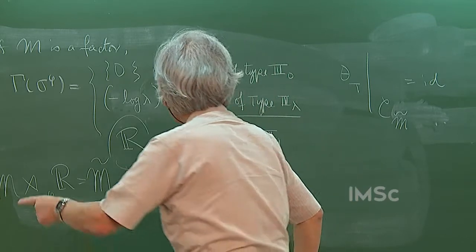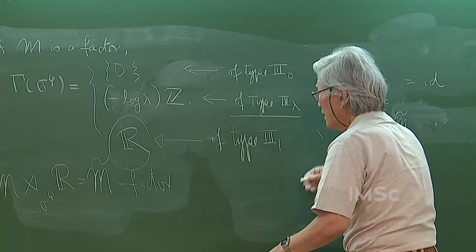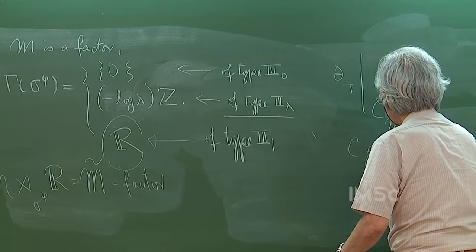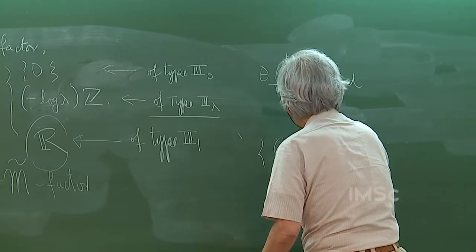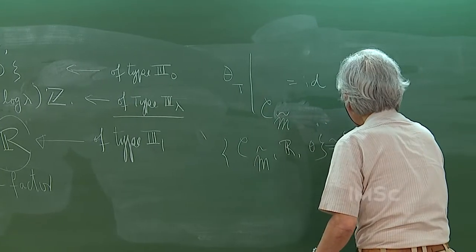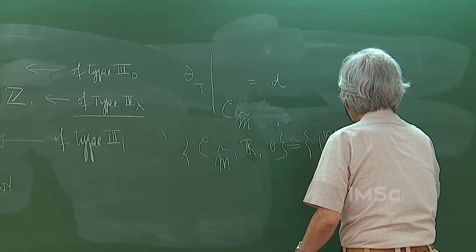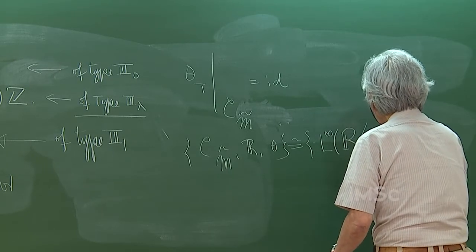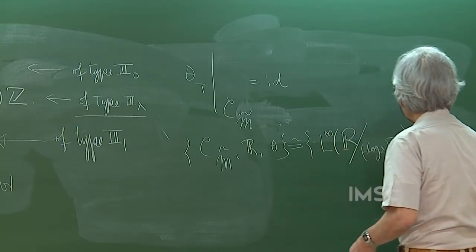So that means in this case, the center C of M tilde, R theta, has to be conjugate to L infinity of R divided by minus log lambda Z, and theta acts by translation.